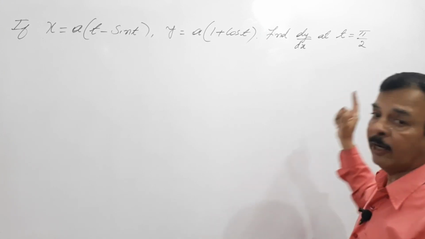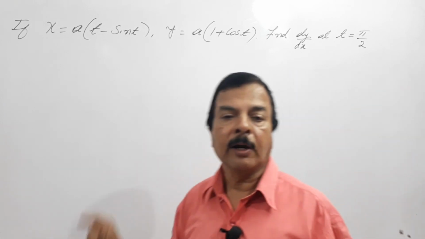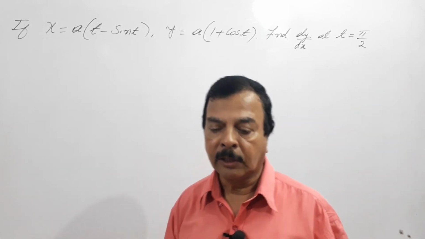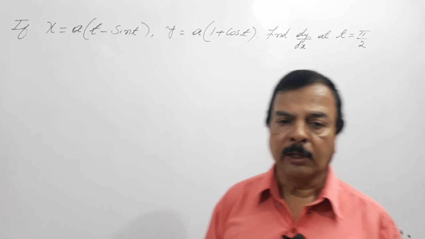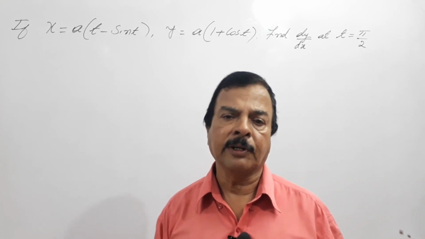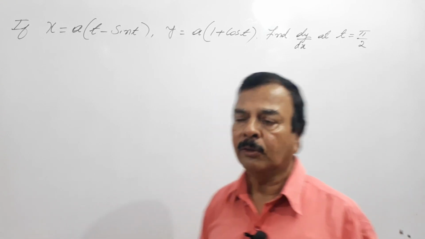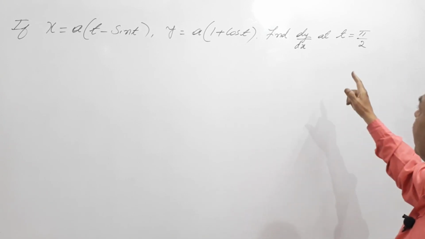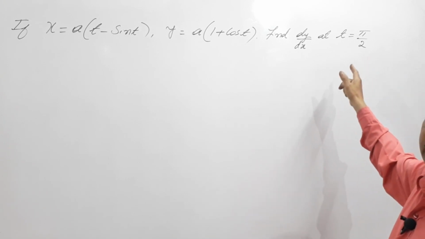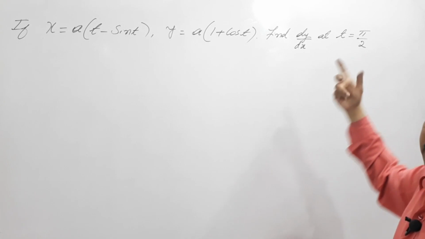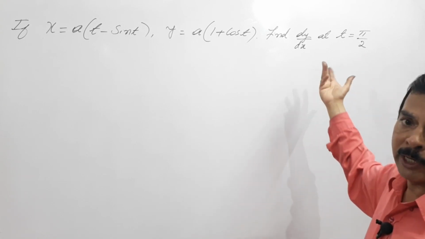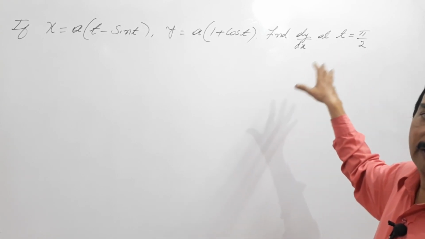So here I had already told you, you will be asked to find the value of sin 90 degrees or 45 degrees or 60 degrees and so on. So here he has asked you to find at t equals pi by 2. Pi by 2 is nothing but 180 degrees divided by 2, which is 90 degrees. Whether it is sin, cos, tan, whatever it is, you have to find the value at 90 degrees.